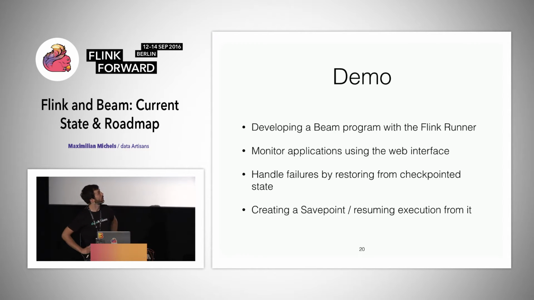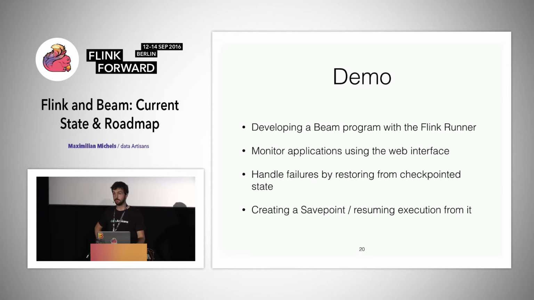I wanted to show you how you would start developing a simple Beam program with the Flink Runner, how you can use the web interface to monitor it, and how, when you have a failing Beam program, for whatever reason, you can restore your state and your execution from the latest checkpoint that Flink creates at regular intervals.